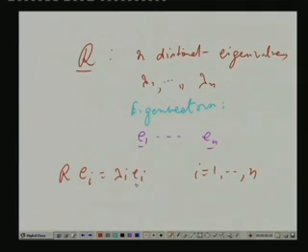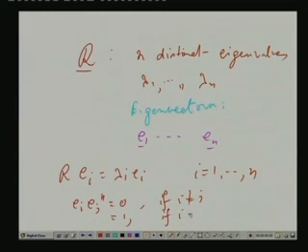We have already seen the eigenvectors consist of complex entries, but they are orthogonal to each other. That is, e_i Hermitian e_j is 0 if i and j are not the same, and it can be made 1 if i equals j.